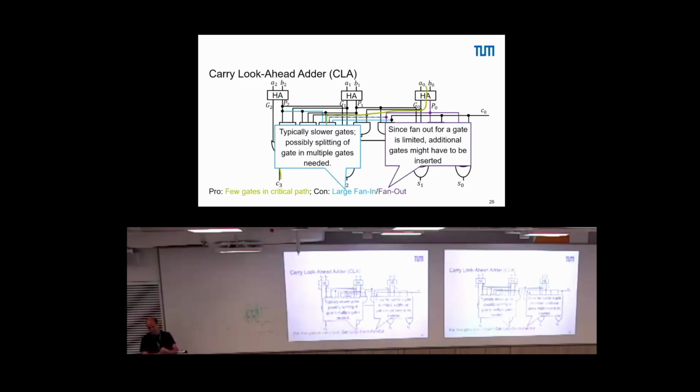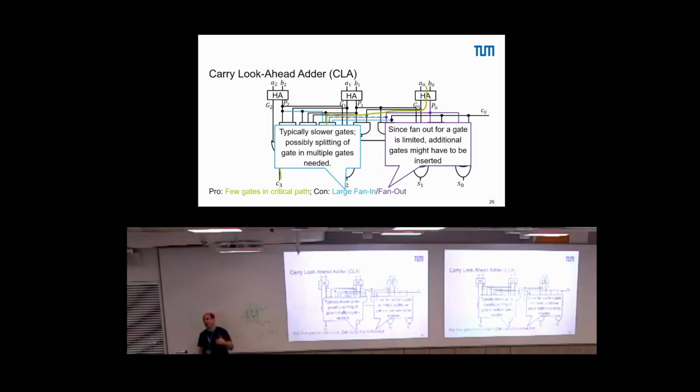Okay? And large fan in, you need gates that are, from the transistor design, larger. Larger gates are typically slower, and you are limited in the number of inputs you can actually implement. The fan out says we have additional capacitances, making the circuit overall slower.